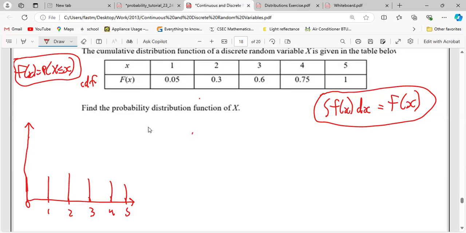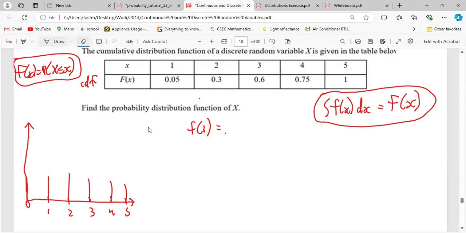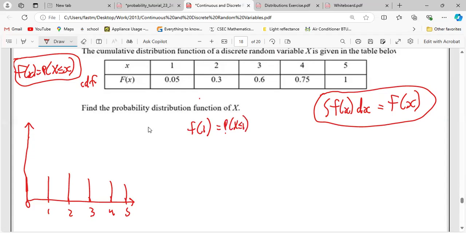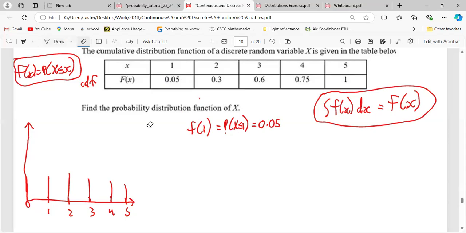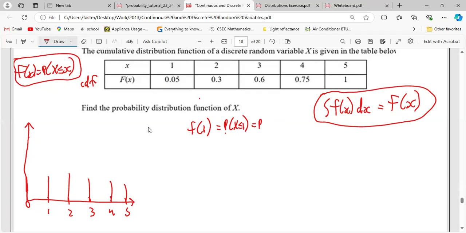So if I wanted to write it out, f of 1 would be the probability that x is less than or equal to 1, which in this case is 0.05. Yeah, so what this means really, without writing this, come on, you're working in discrete. This is the probability of 0 plus the probability of 1, and this is discrete.